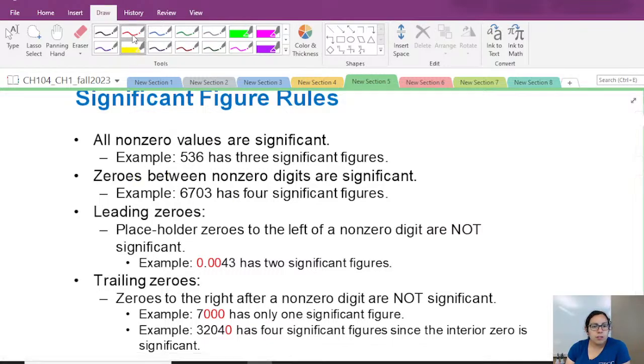I call this our captive zero rule. A 0 that's between any non-zero digits is significant. Again, that makes sense. So we have this number 6,703. Yes, that 0 is still significant. We know we can report accurately to all 4 of those digits here.